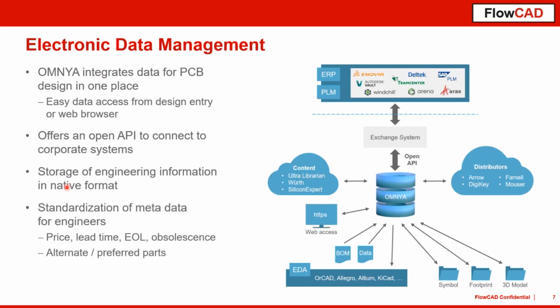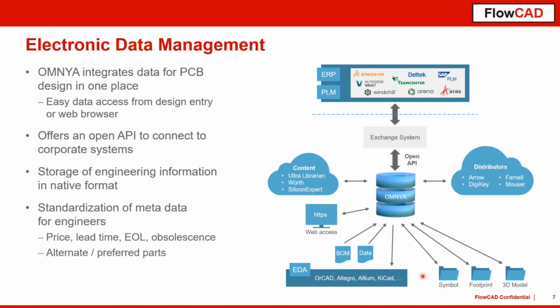How are we going to do this? We have basically one central system, the OMNYA database here in the middle. It is connected to all the other systems and gets information from all the other sources. Here at the bottom, we have the foundation for our day-to-day work, the PCB design tools.